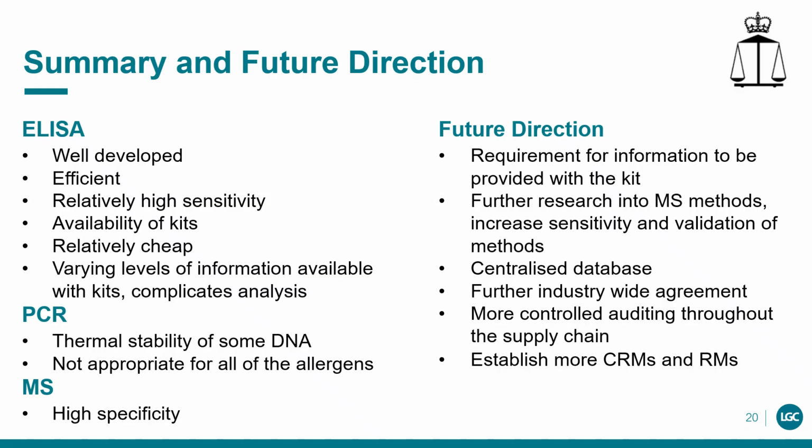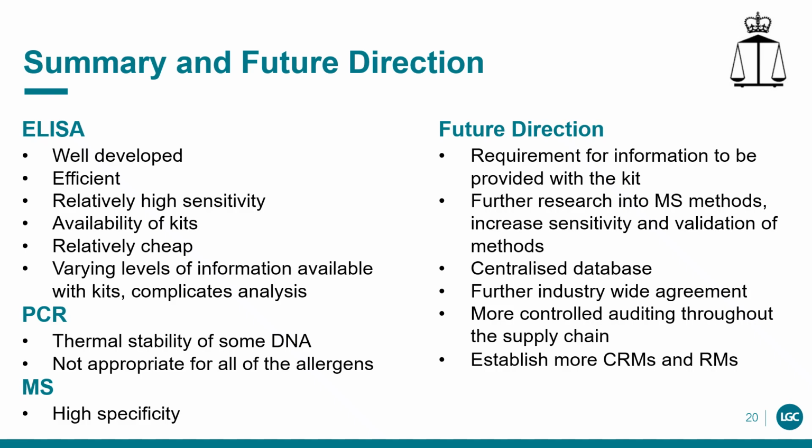To summarize, ELISA is the primary approach adopted for the detection of most types of allergen. It is a well-characterized approach that is both efficient and highly sensitive. However, the lack of information provided with many kits limits their usefulness and makes kit selection difficult.